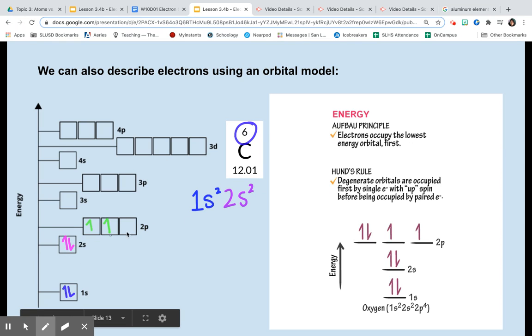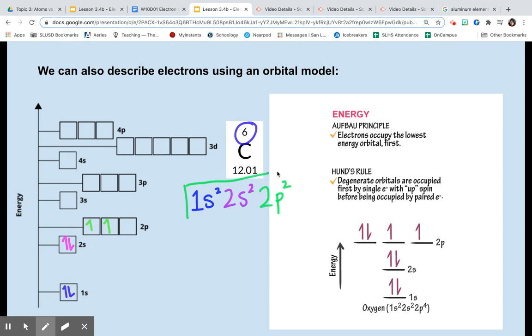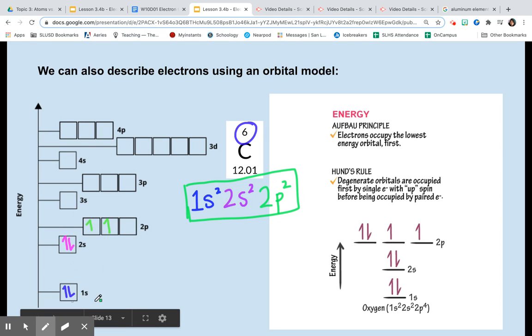Sorry, the color is a little bit off. Also in the second ring, I'm going to have 2 more electrons moving in the P shape. There's 1, and there's 2. Right, so that would be our orbital model for carbon. This one right here is the orbital model. This is the electron configuration, just to clarify.